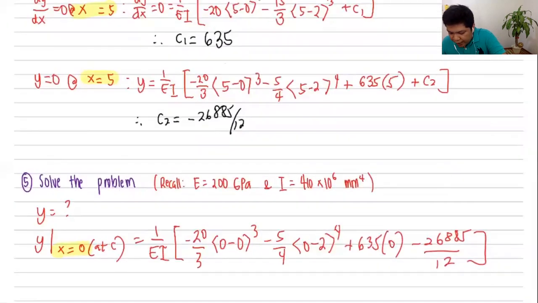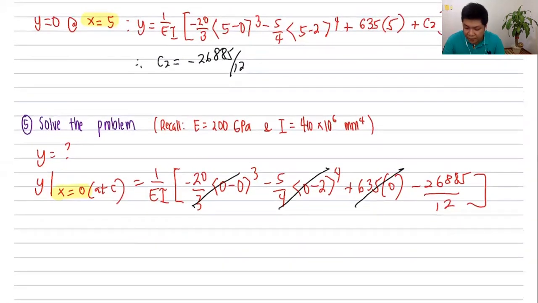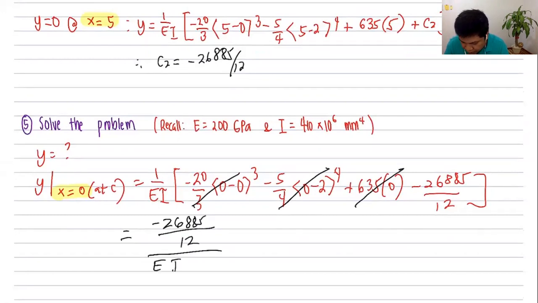Then I evaluate. Please take note. Look at this. 0 minus 0, cancel. 0 minus 2, that's negative, so cancel. 635 times 0, cancel. So I am left with, as you can already predict, the same answer, negative 26885 all over 12 all over EI.